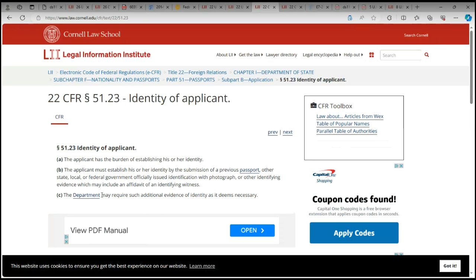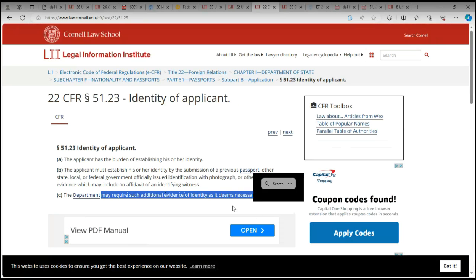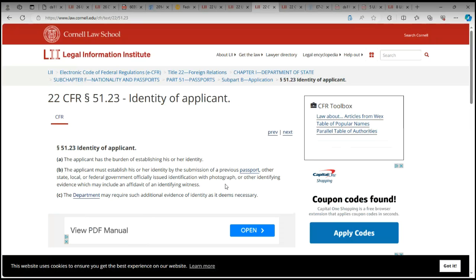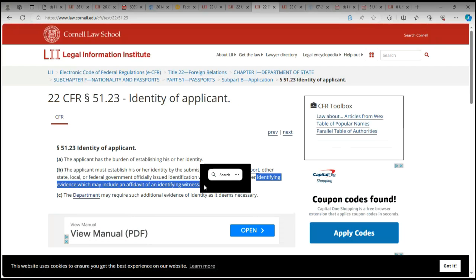Now, they also add, of course, that they may require additional evidence of identity as they deem necessary. Right? So for myself, I don't have a state ID. I don't have a driver's license or any other local, state, or government identification. So I have to use an identifying witness. Doesn't the Bible say this? At least they accept only one witness, where the Bible says, bring 2 witnesses plus yourself to make 3.